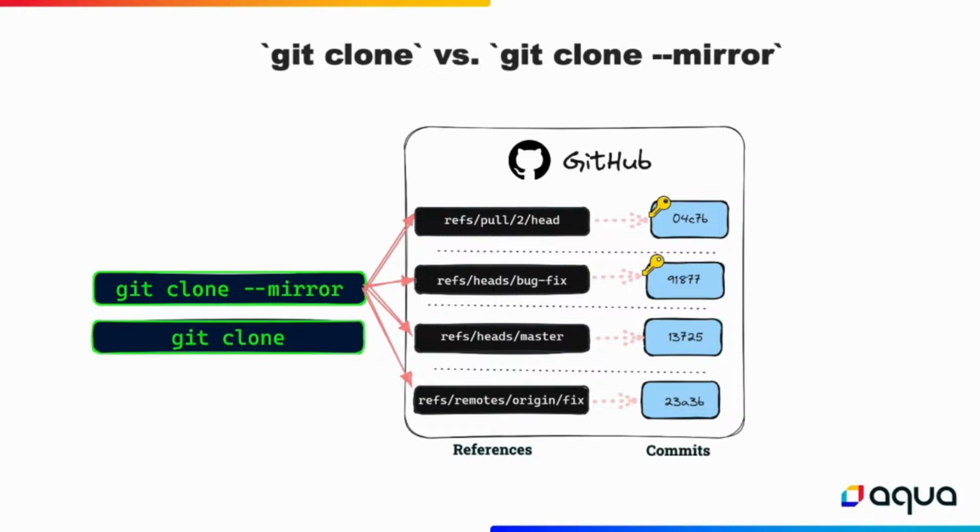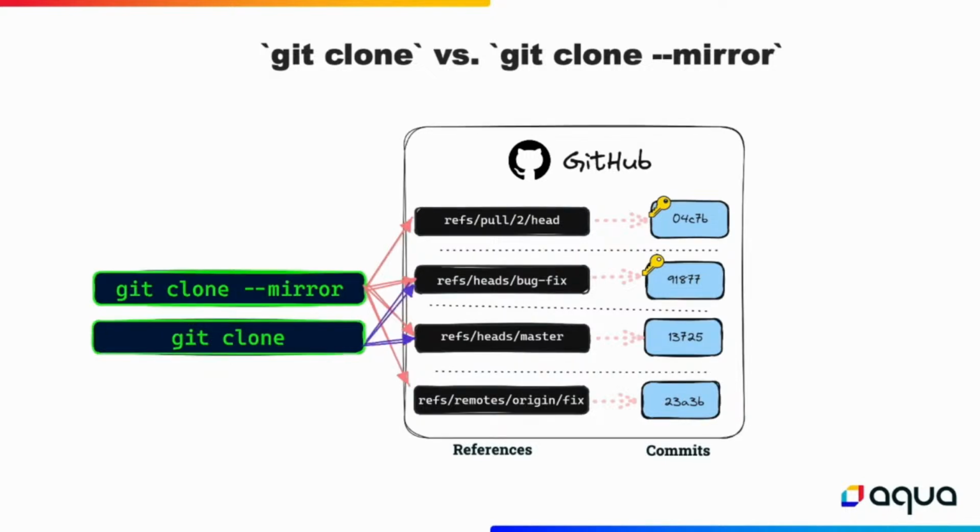A mirror clone fetches everything. It will give us an exact copy of the repository as it exists on the remote. And because of this, with a regular clone, we are left with some references that we missed, which may point to a commit or a commit history with secrets.